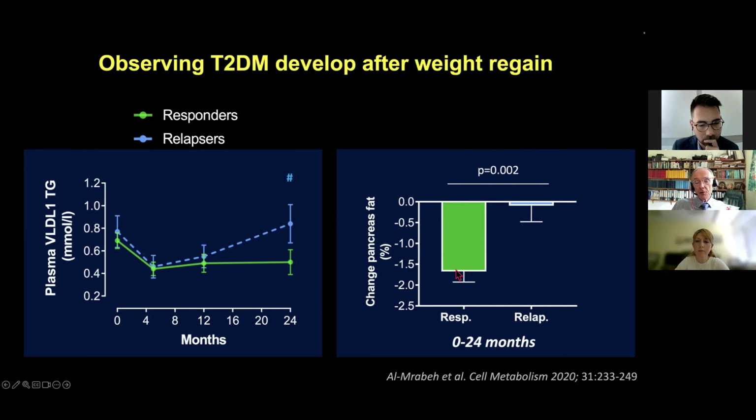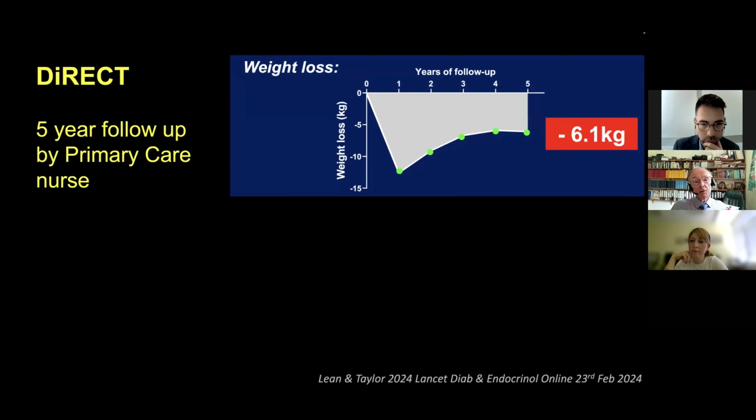So the advantage in pancreas fat, which had accrued in both groups, was lost in the relapses. So we had a ringside seat watching type 2 diabetes develop. There is no doubt about the simplicity of the etiology of this condition, this nutritionally related condition.